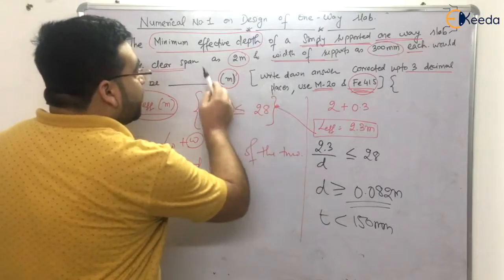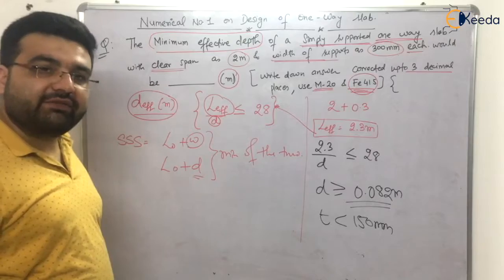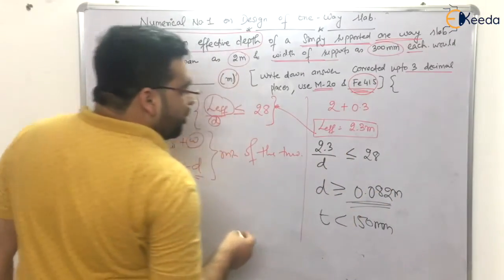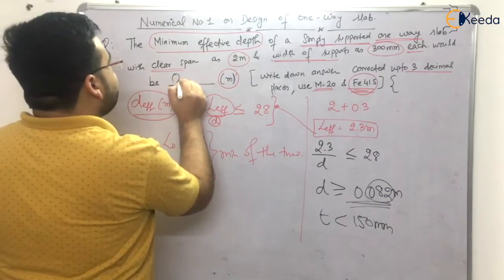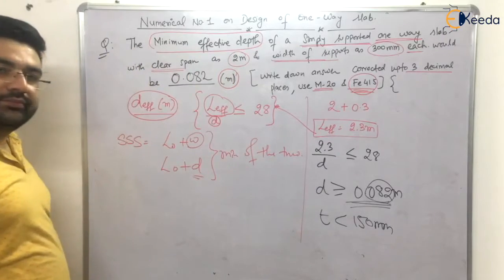At that time your answer would have been 0.15. Clear? But now in this case the answer would be 0.082, up to 3 decimal places. This is the correct answer.